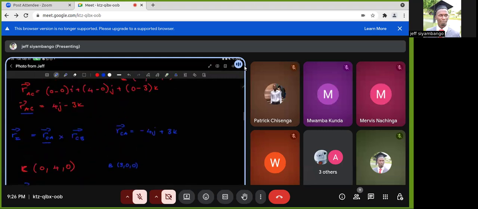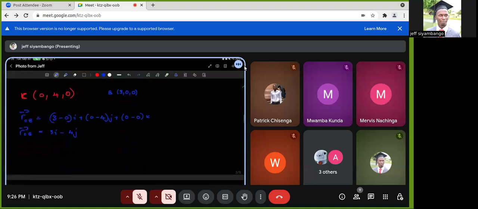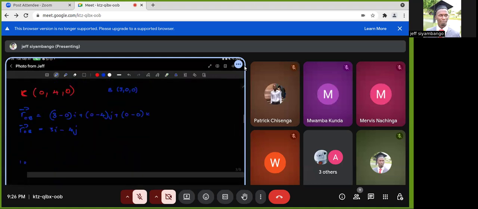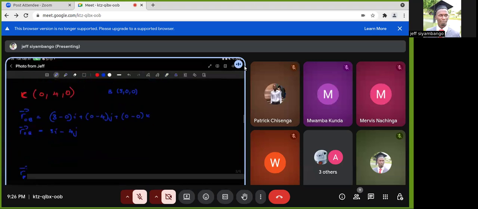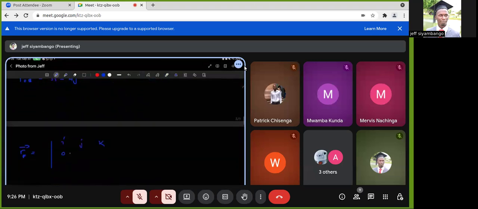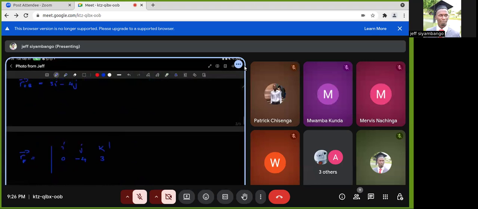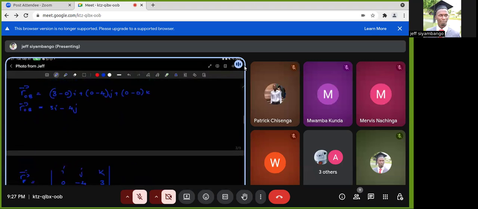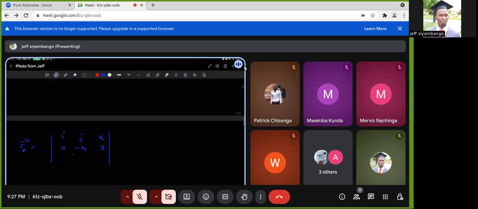I said I'll go with R_CA first, which is minus 4, plus 3. It has no i, so I have 0. Next, R_CB, 3, minus 4. Any questions up to here?